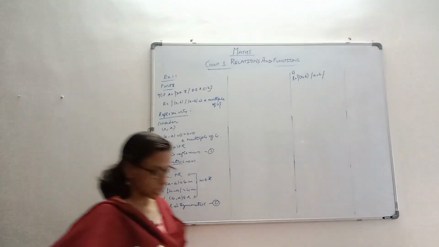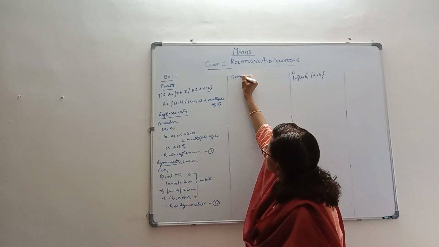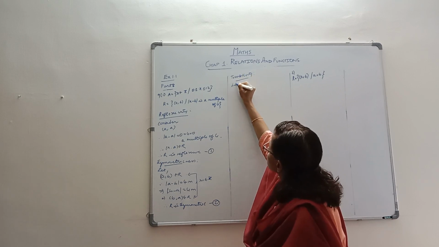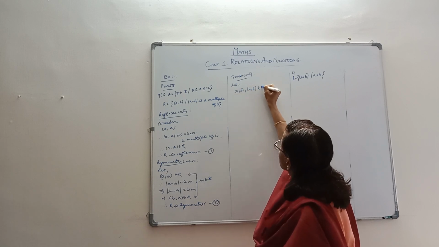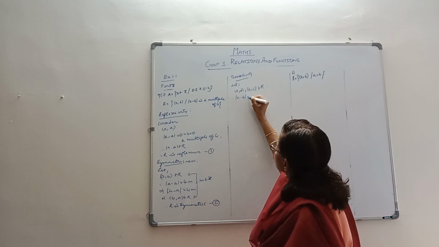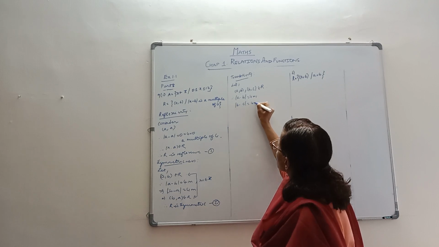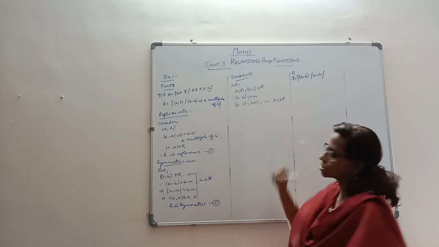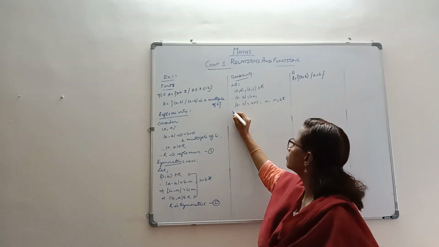Now we will check for transitivity. Let a comma b and b comma c belong to R. So that will mean that a minus b is some 4m1 and b minus c is some 4m2, where m1 and m2 belong to integers. Now this is not going to be much helpful to us, so we convert.